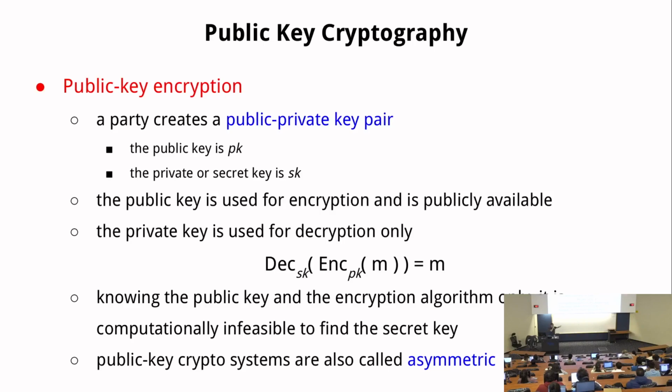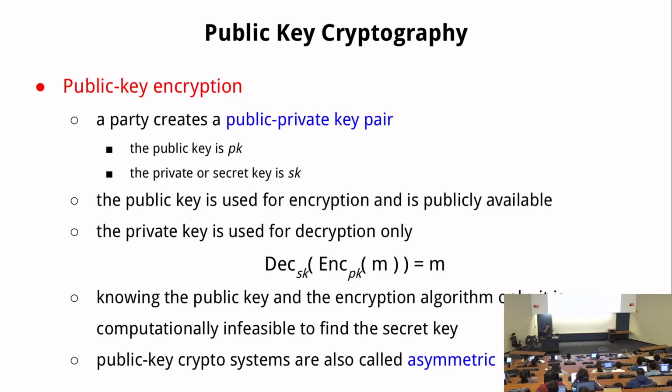She uses Bob's public key to encrypt the message. Since it's Bob's public key, everyone can use that key, right? Even attacker Eve can use that key. So when Bob receives the message, Bob will use his own private key to decrypt that message. Because it's a private key, only Bob has that. No one else, Alice or Eve, can decrypt that message.